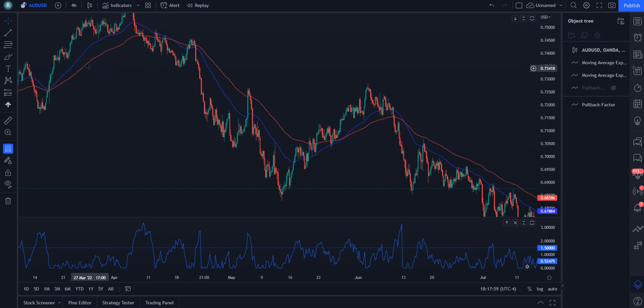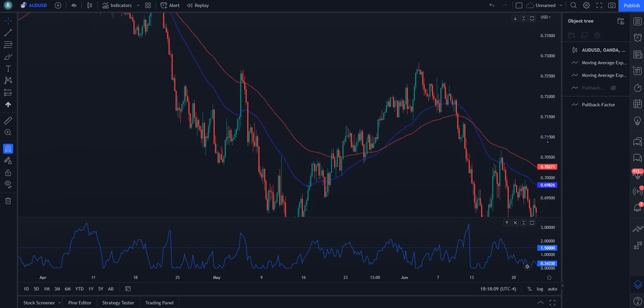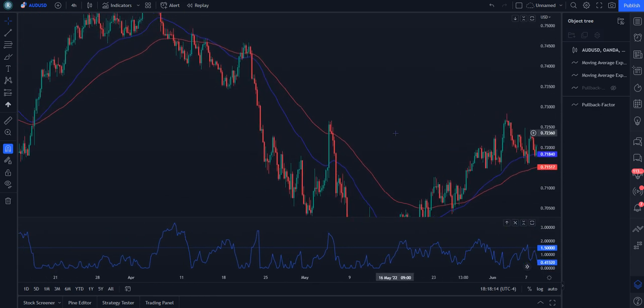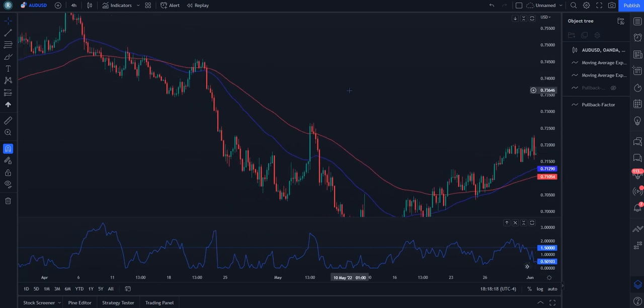Then the other way around, as we see here, if the 50 is above the 100, you're looking at an uptrend. And so that's just one way to kind of gauge it as far as confirming certain biases or where you want to be buying and selling from.